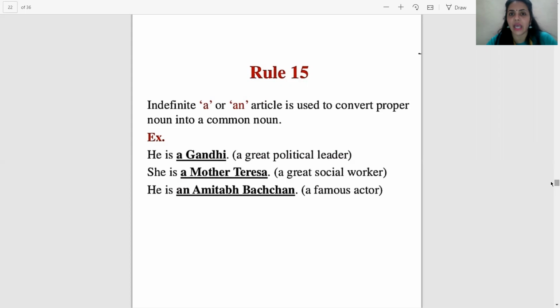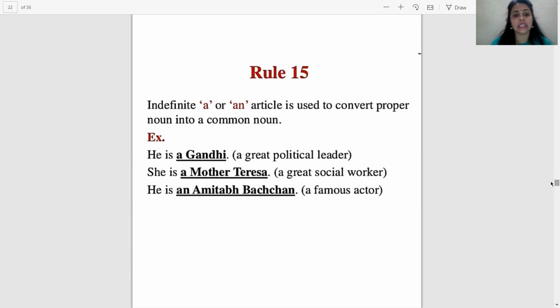But yes, we can, when we are giving an example or when we are comparing one person to someone. At that time, we convert that name, the person to whom we are comparing, into a common noun automatically. We don't have to do much about it.